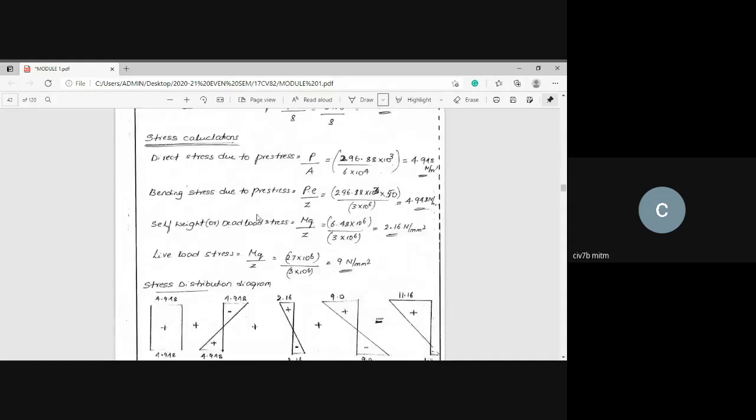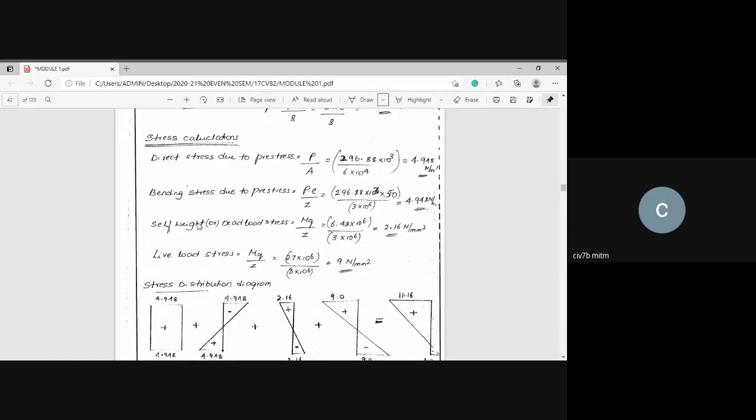Hence, the bending stress formula is M by Z or PE by Z. So this is the moment that is created due to the pre-stressing force. Therefore, the pre-stressing force multiplied by the eccentricity in millimeter, 50, divided by Z in millimeter cube. So the answer will be 4.948 Newton per millimeter square. Please note this point.